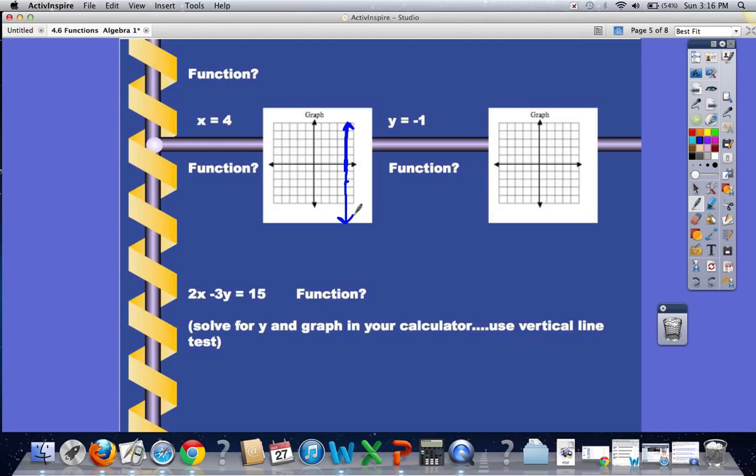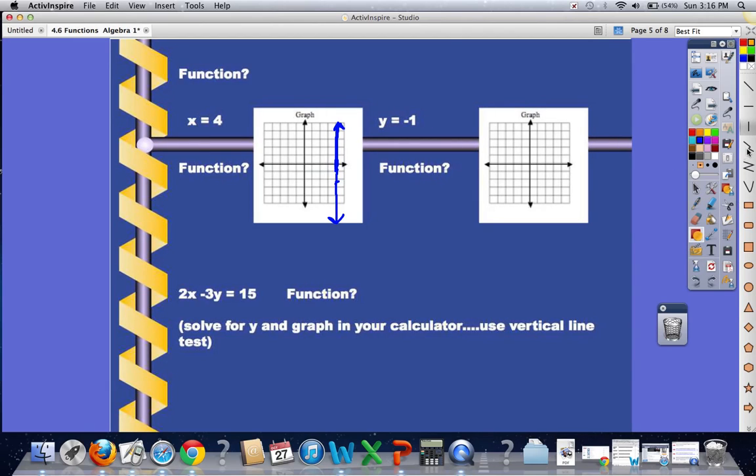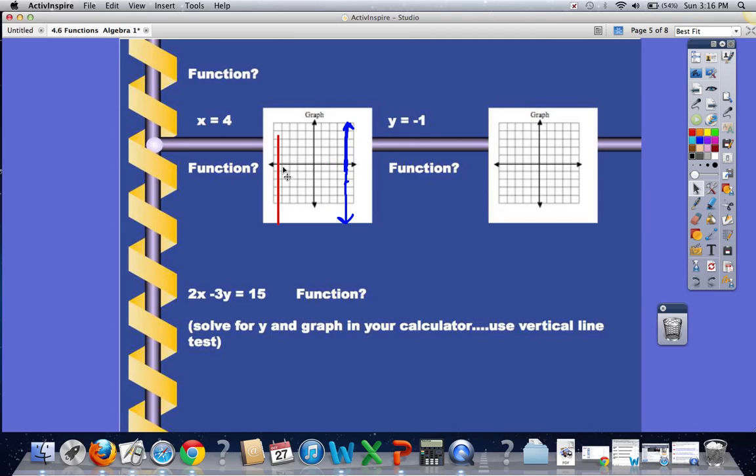There you go. Now, let me get another vertical line. I want to change my color because I already have blue. Alright, so I'm going to draw a vertical line, and then I want to see if it will pass my vertical line test. I have to get it over here to the line that I drew. Whoa, what happened? It touches everywhere on that line.